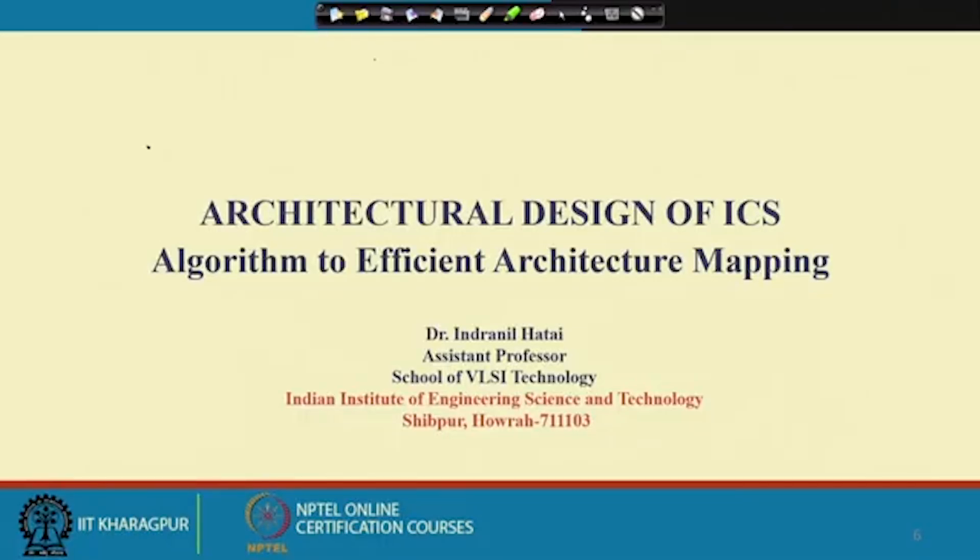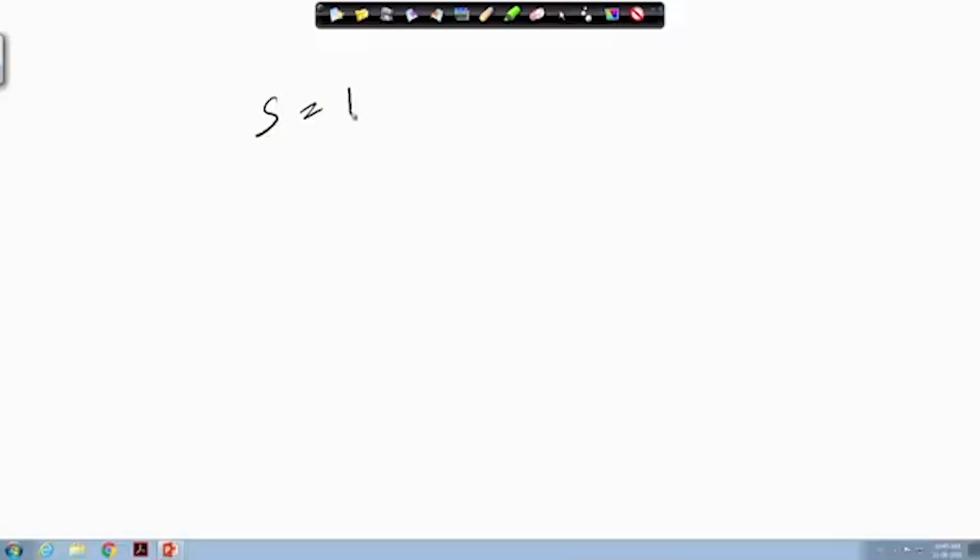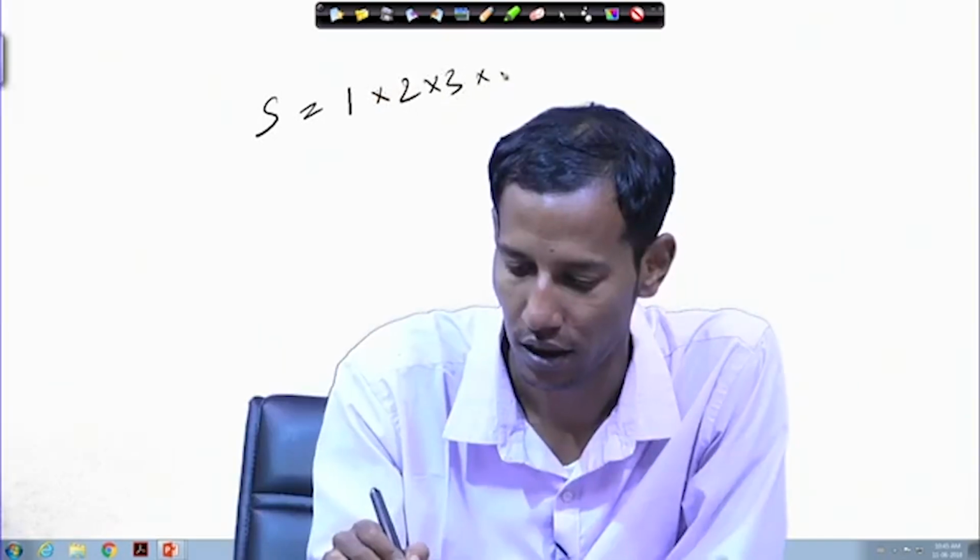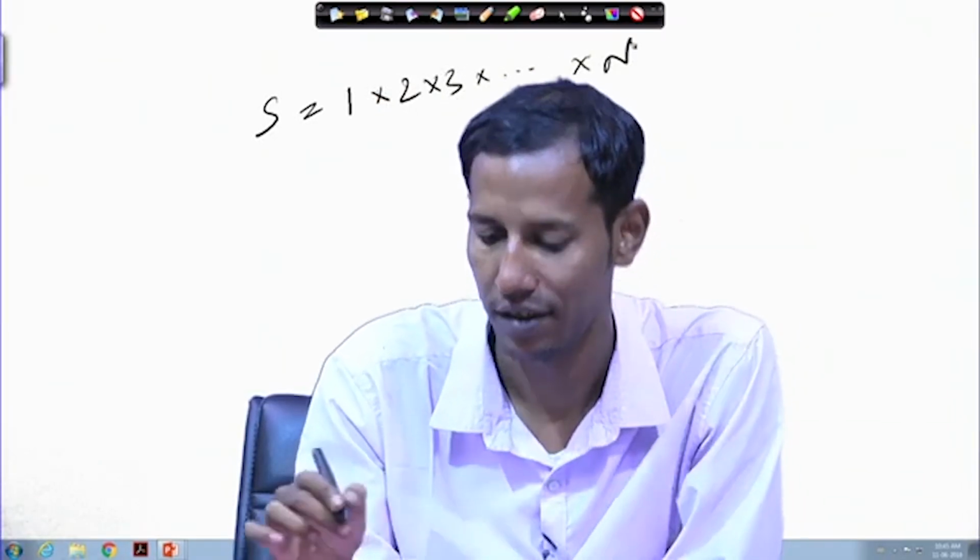Now, another type of circuit implementation. Suppose I need the product of n natural numbers, that is, S equals 1 star 2 star 3 star up to n.